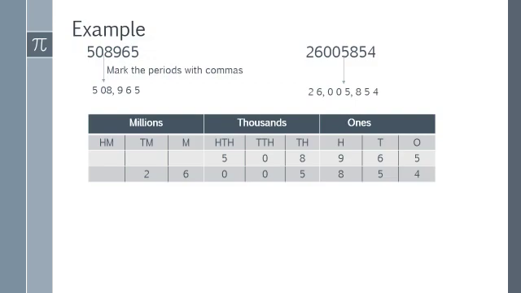Our next example is 26,05,854. Look, when you compare it with the Indian system of numeration, you can see that 1 lakh is equal to 100,000.